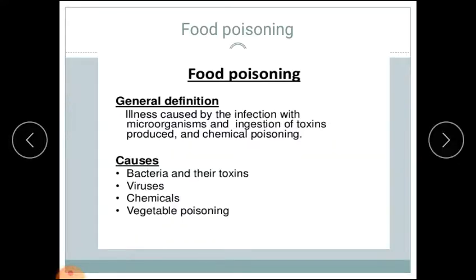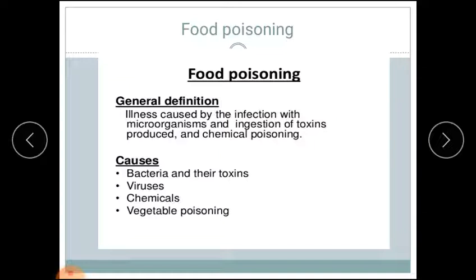So we'll start. Now we will define food poisoning as illness caused by infection with microorganisms, the ingestion of toxins produced, and chemical poisoning. Now what is food poisoning?